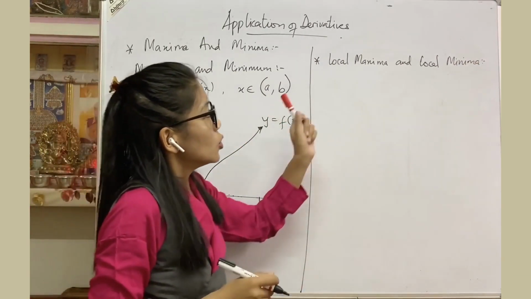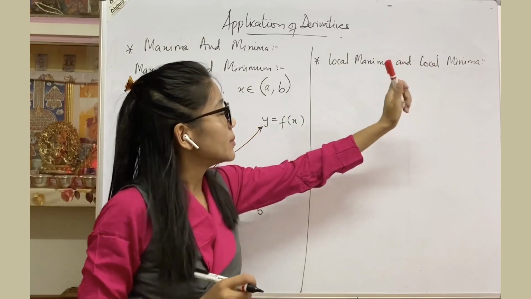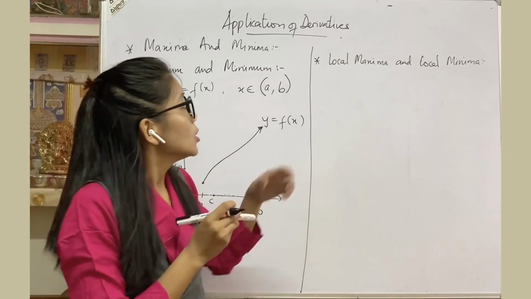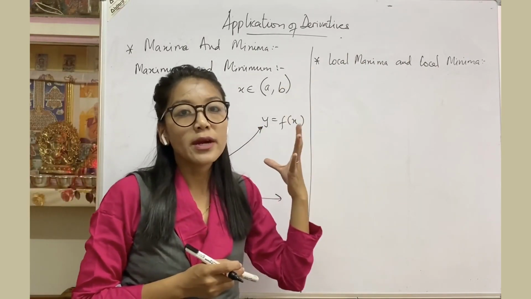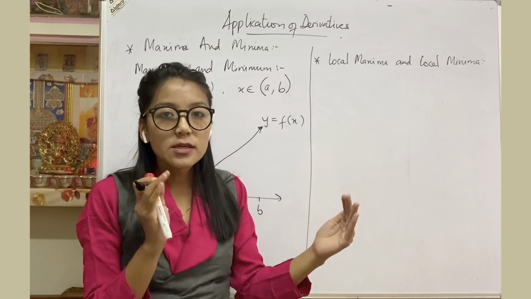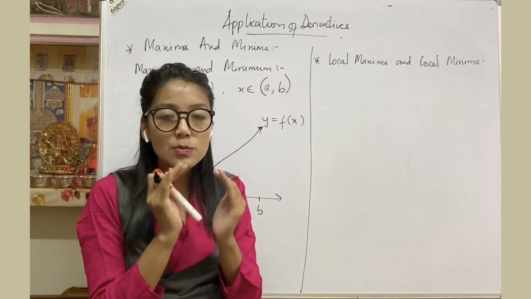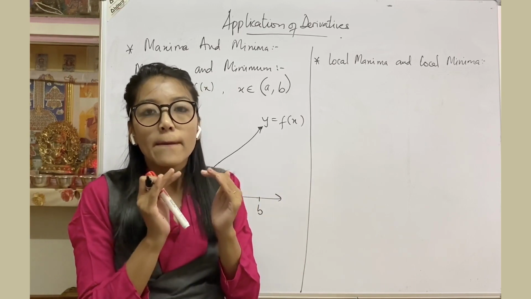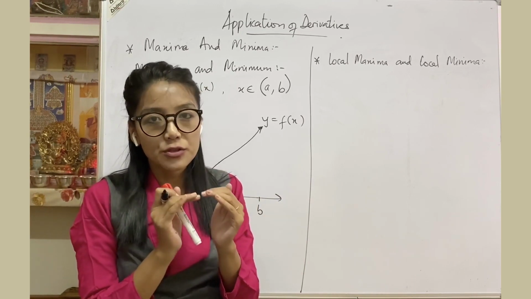Now try to think over the word local. What do we mean by local? Local means that instead of taking the whole given interval, you consider small intervals, and locally in that interval you try to find the maximum and minimum values of the function.